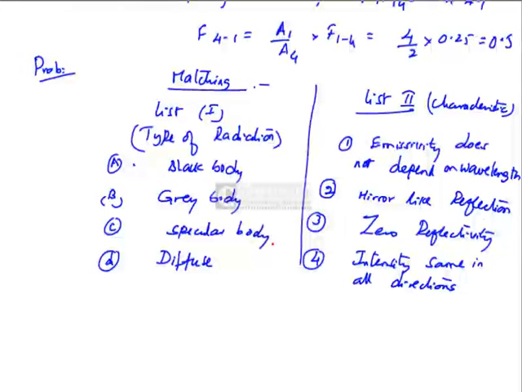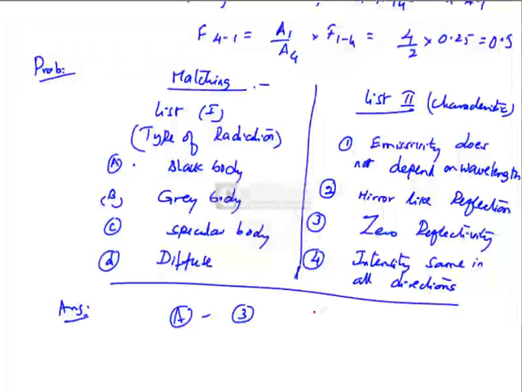Now, if you look at the left and right, the black body has zero reflectivity. It does not reflect anything. So A is matched with 3. B, grey body. It is a body whose monochromatic emissivity is independent of wavelength. Therefore, for B, answer is 1.